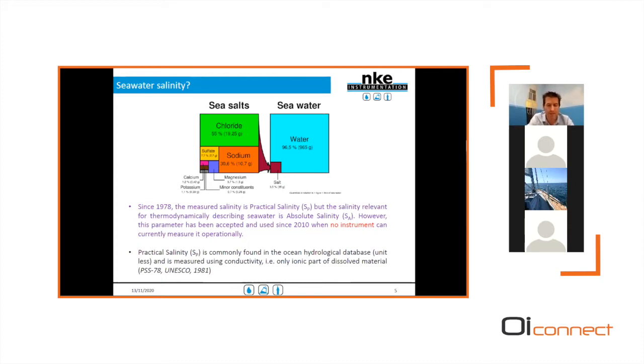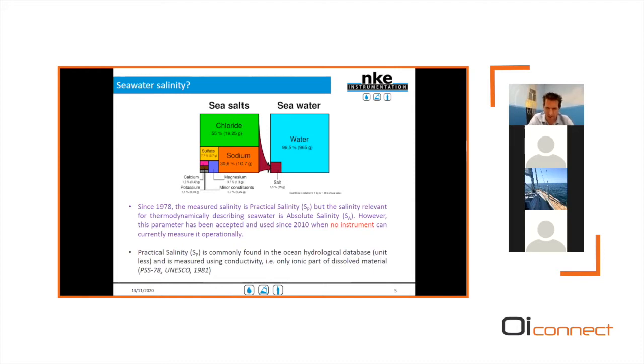Since 1978, the measured salinity is practical salinity, but the salinity relevant for thermodynamically describing seawater is absolute salinity. This parameter has been accepted and used since 2010, but the problem is that no instrument can currently measure it operationally.